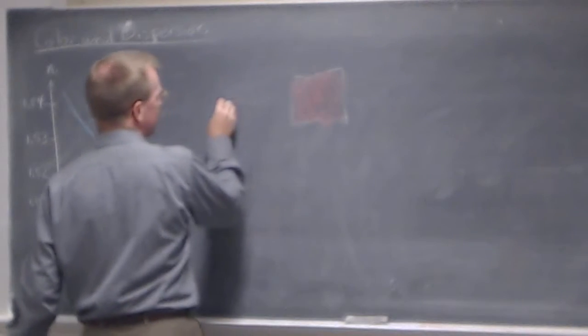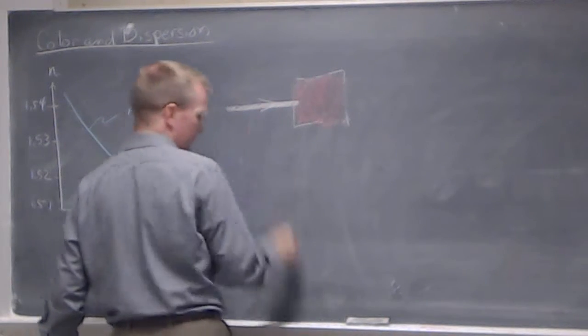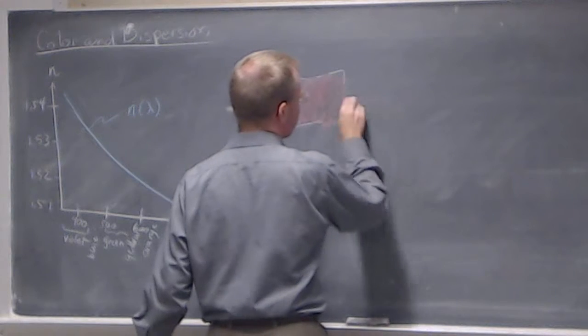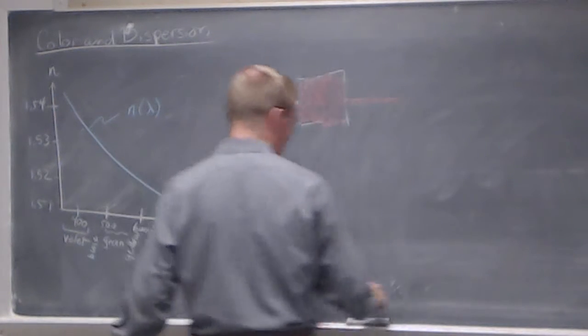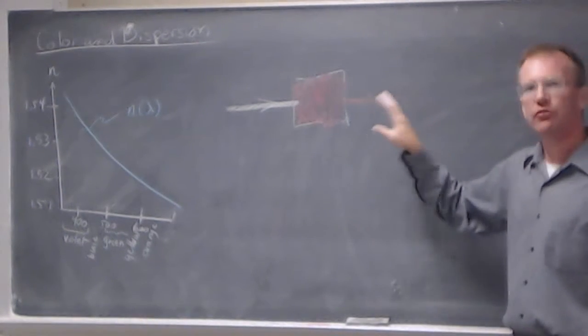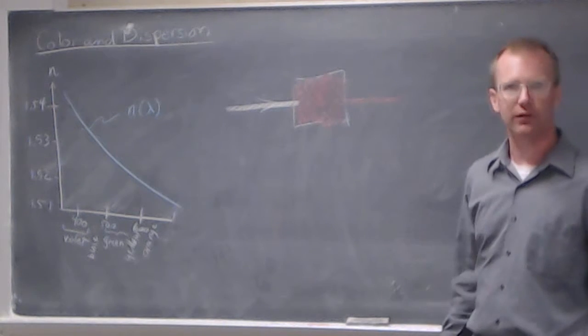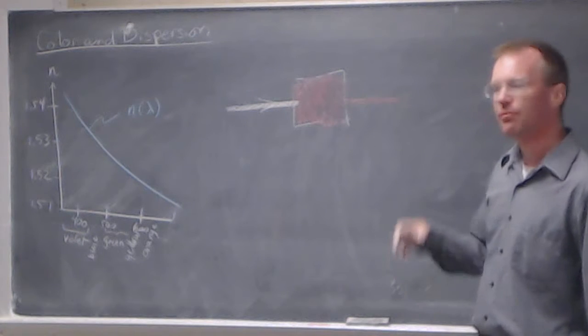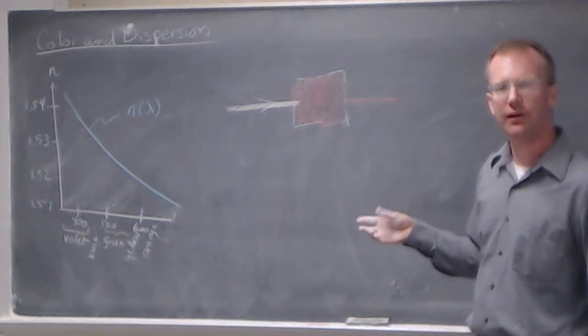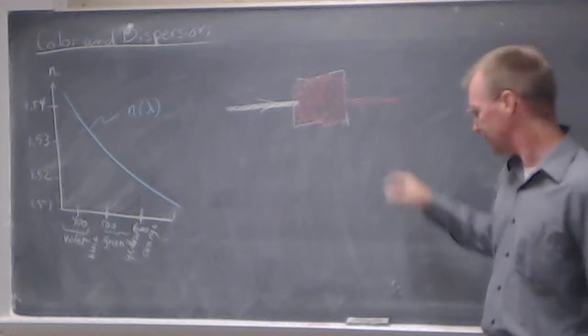If you've got white light coming in, but only red light coming out, see what's happening: it is opaque at every wavelength of light except the red wavelengths. It's absorbing all of the other wavelengths of light and letting through only the red.